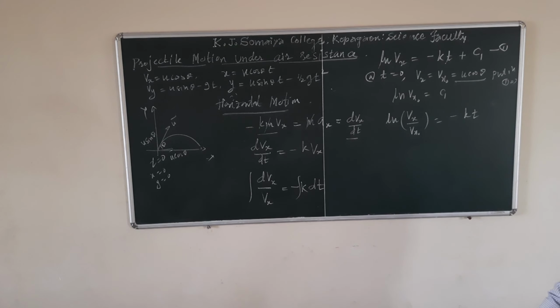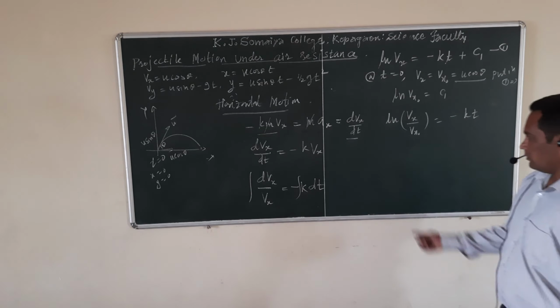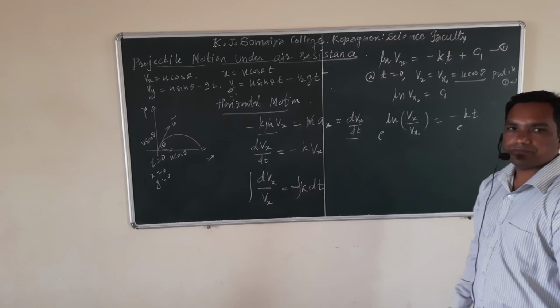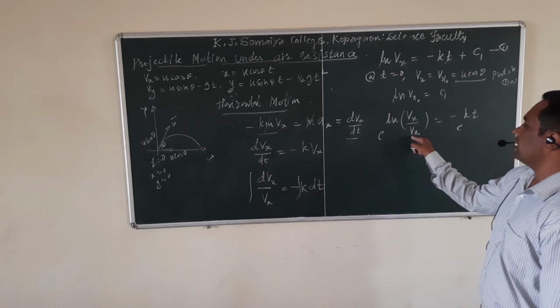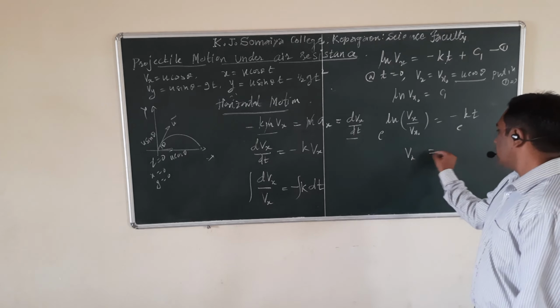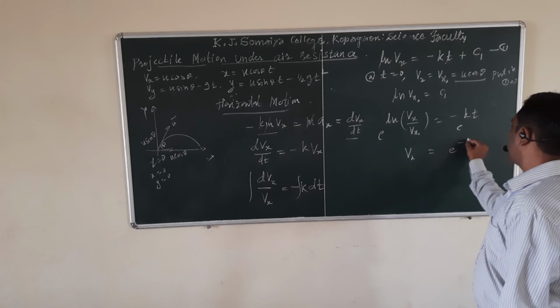Now if you take exponential on both sides, e raised to ln of vx upon vx0 becomes vx upon vx0, which is equal to e raised to minus kt.